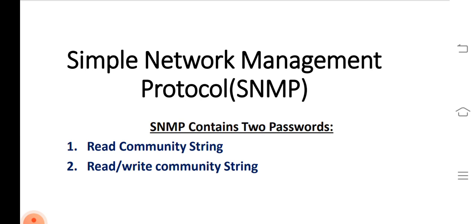When the community strings are left at the default setting, attackers take the opportunity and find loopholes in it. Then the attacker can use this default password for changing or viewing the configuration of the device or system.